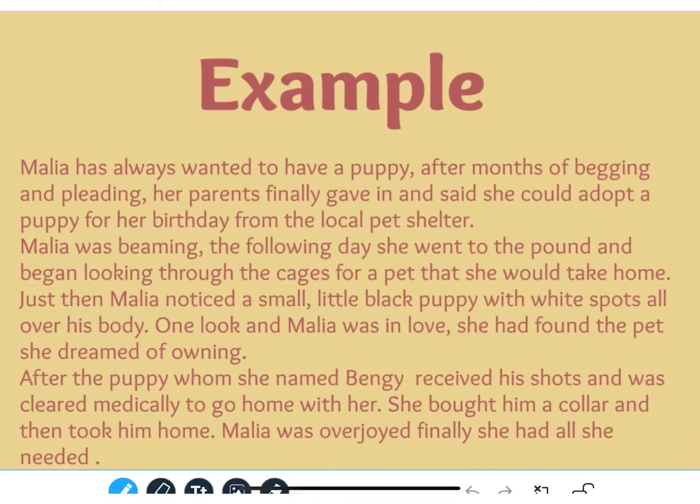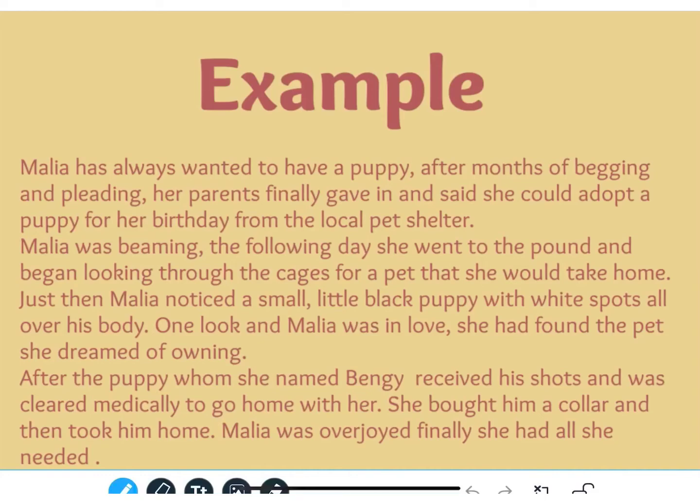Malia was beaming. The following day, she went to the pound and began looking through the cages for a pet that she could take home. Just then, Malia noticed a small little black puppy with white spots all over his body. One look and Malia was in love. She had found the pet she dreamt of owning.